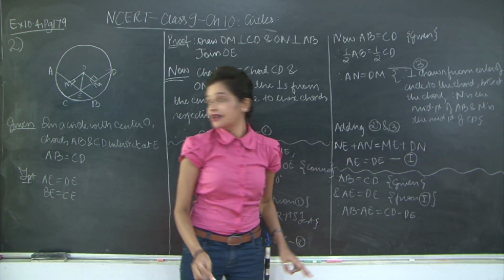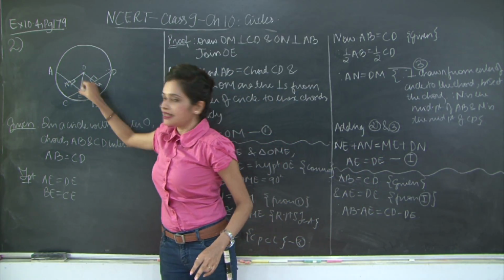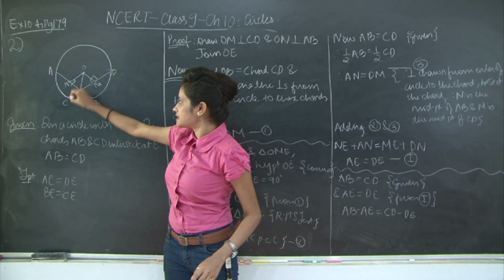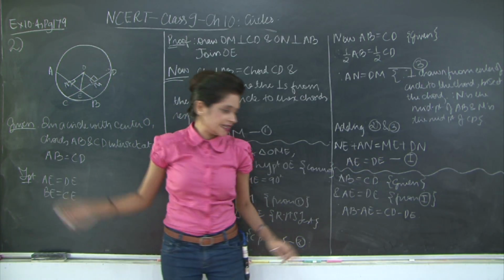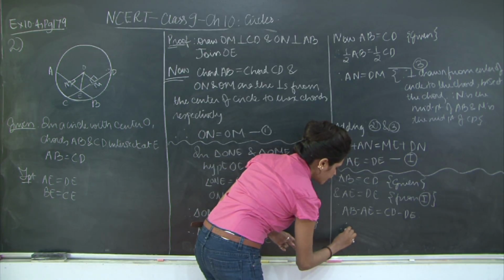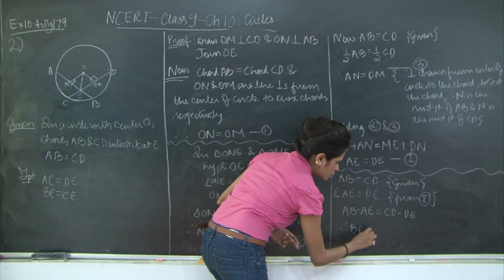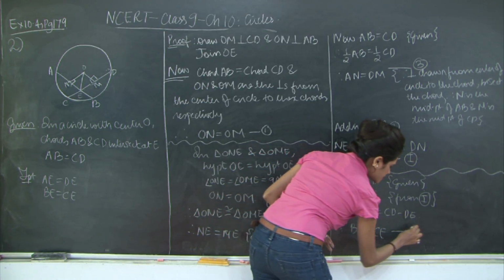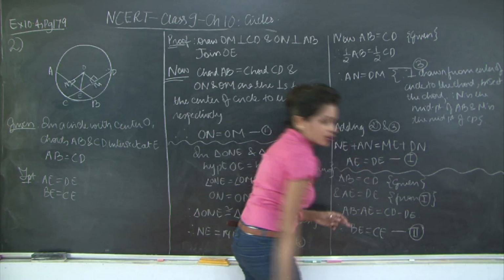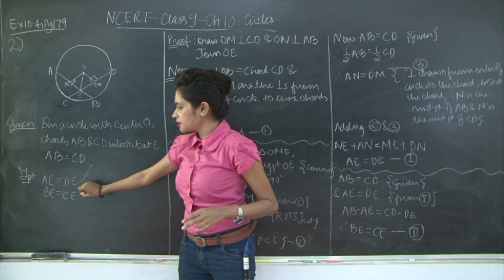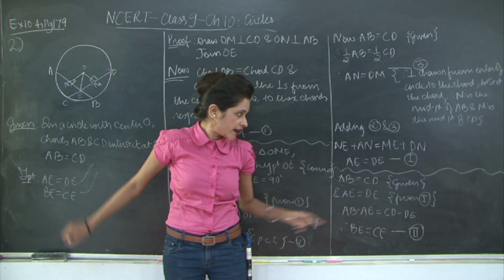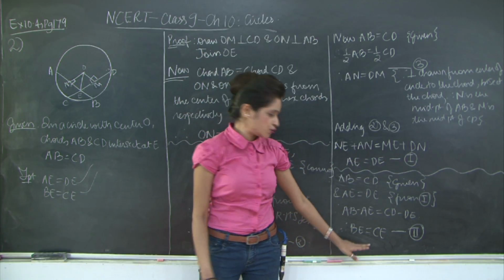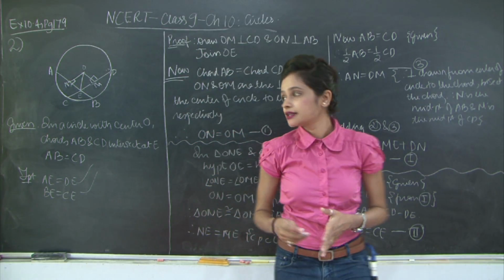So AB minus AE is what? AB minus AE is BE and CD minus DE is CE. Therefore, BE is equal to CE. This is Roman number 2. So with this we have proved both the sections. This is Roman number 1 and this is Roman number 2. So please take a look at the solution of this question.